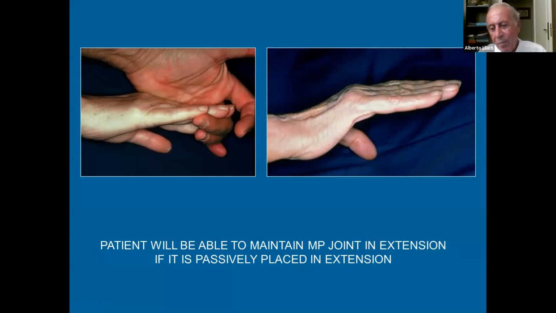And the patient can maintain the fingers in extension as long as he pulls the muscles as the muscle contracts proximally. As soon as he doesn't contract the extensor tendon, the fingers will drop again, and he will have a loss of extension.